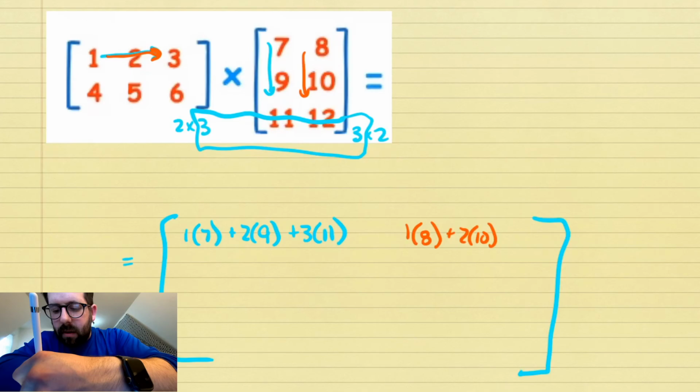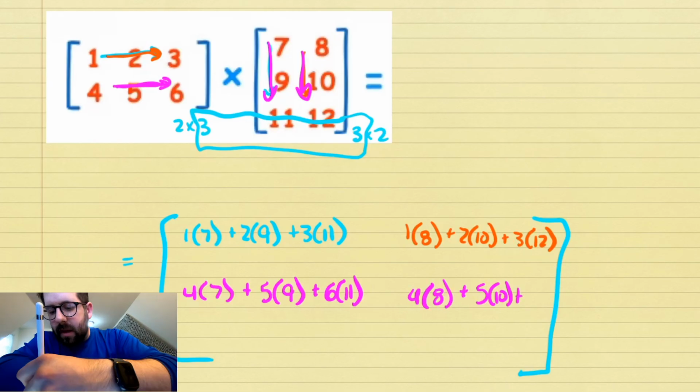So second row, first column. 4 times the 7, the 5 times the 9, the 6 times the 11. Now second row, second column. 4 times the 8, the 5 times the 10, and the last number is 6 times the 12. So again, row, column.